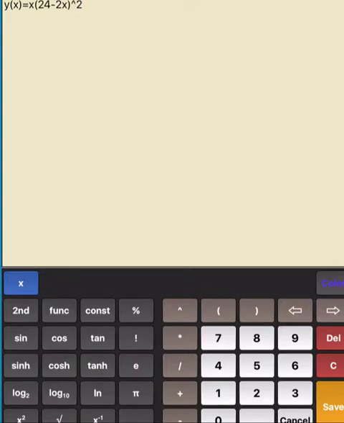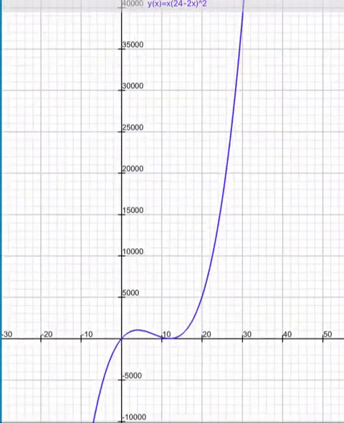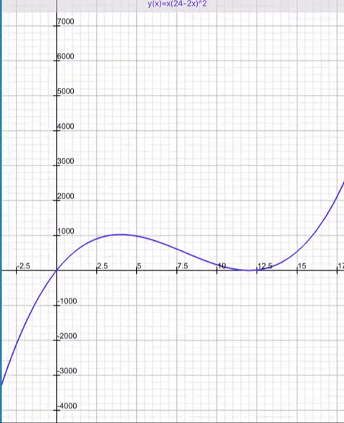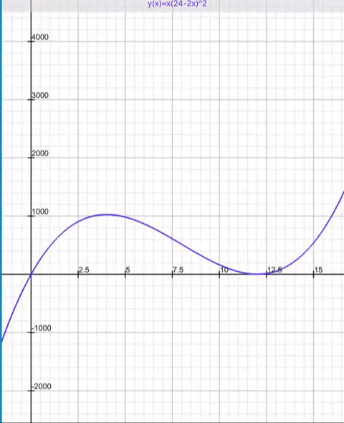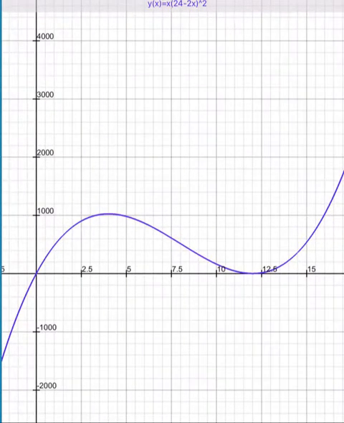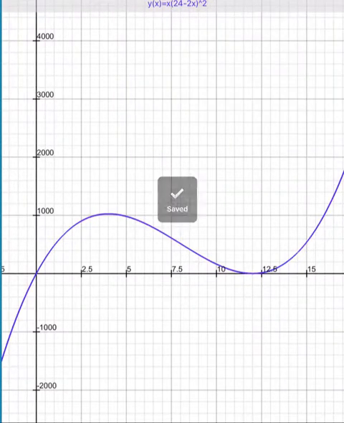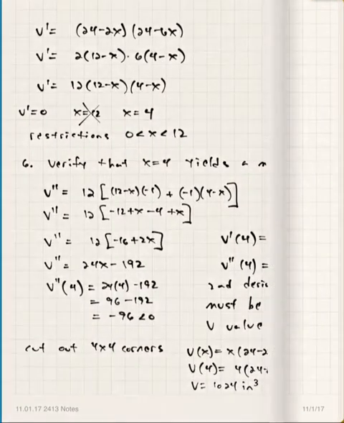You obviously have to look at this in the correct interval. Remember that our effective domain was at 12, and so this is a nice picture to look at for the effective domain. So let's go ahead and take a quick picture of this problem, and let's move this back to our whiteboard here.